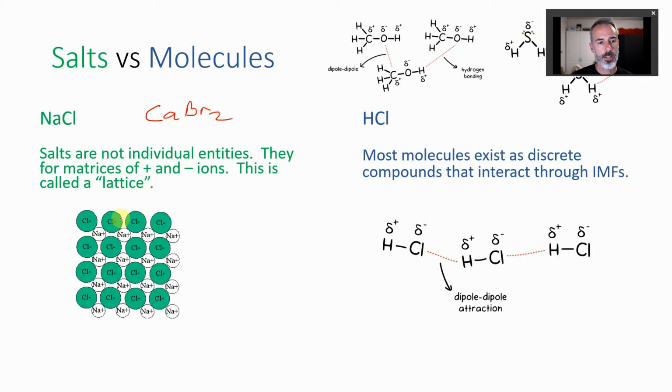We're just saying that in this sort of matrix that's being made, there are two bromines for every calcium ion. It's just giving a ratio of the two ions, but they never exist individually like they do with covalent compounds. And that's really fundamentally different. So you can imagine that we're not going to be talking about intermolecular forces in that way because they're sort of stuck together a lot tighter than that.